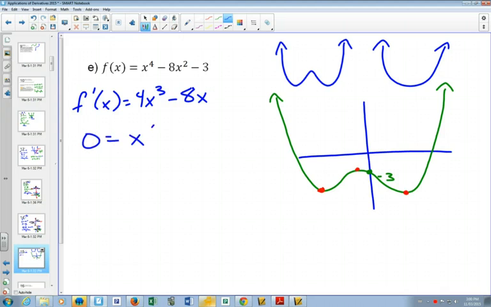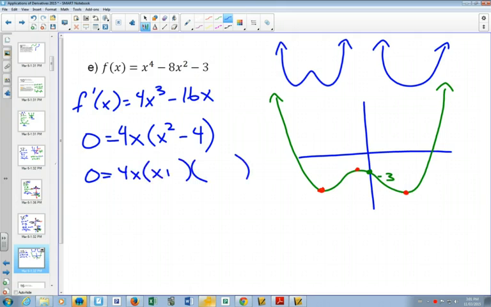I'm going to factor out the 4x, leaving me with x squared minus 4. This factors even further because this is the difference of squares: x plus 2, x minus 2.